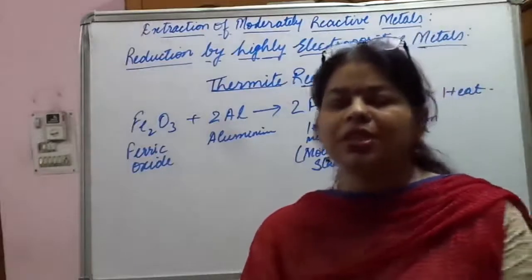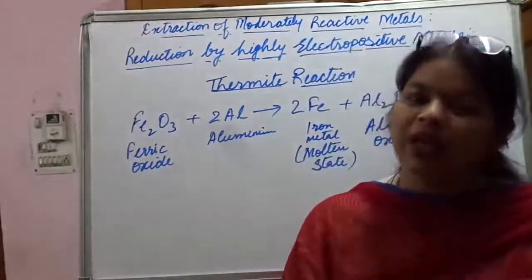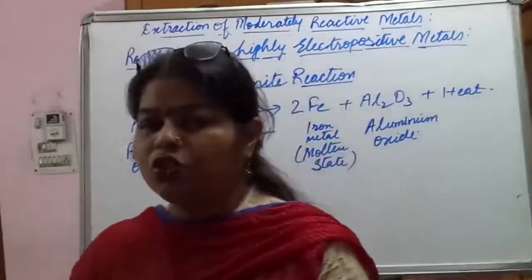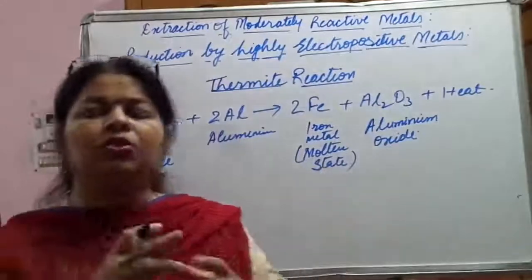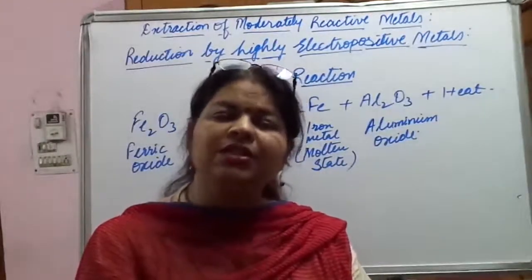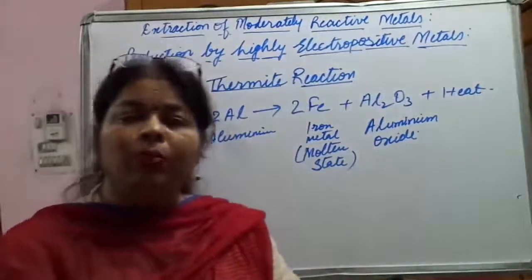So this process is also called aluminothermy or thermite welding. Where do we use it most commonly? In joining the rails. Trains run on iron rails, and these iron rails are joined with the help of thermite welding only.